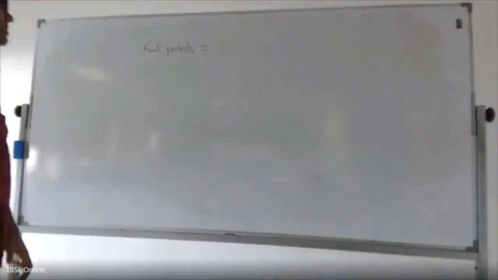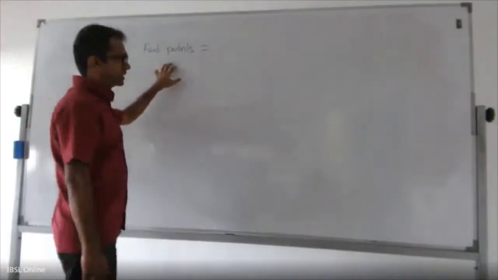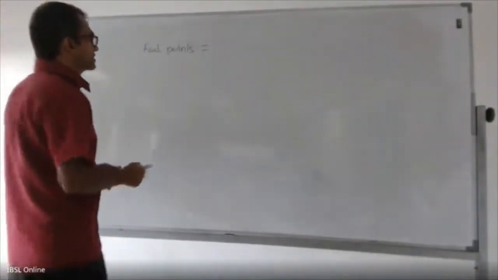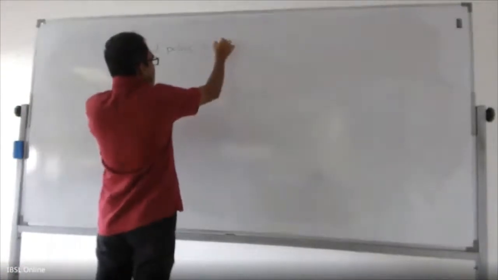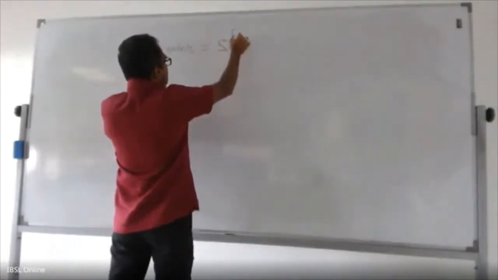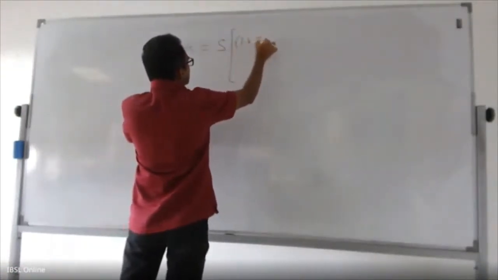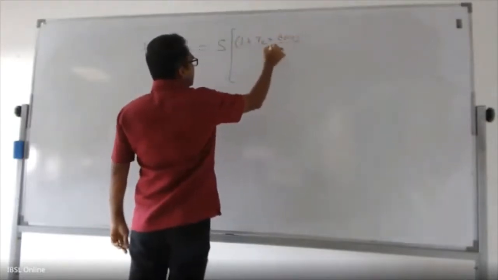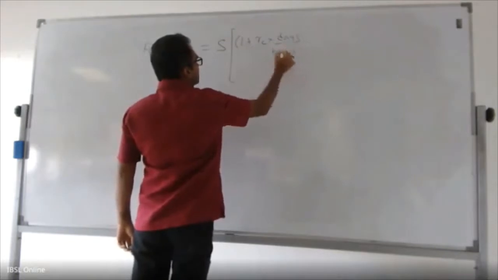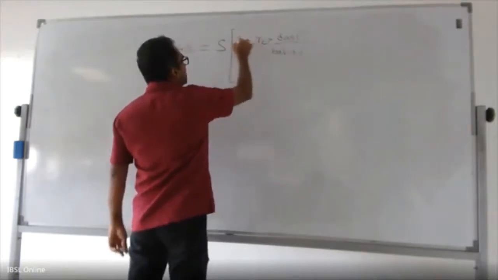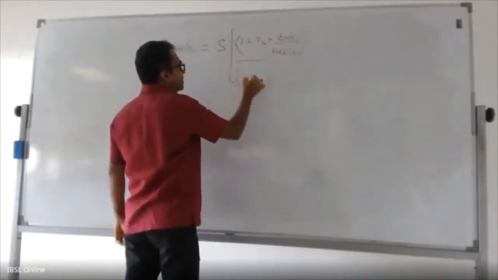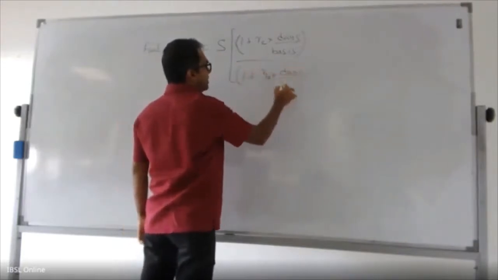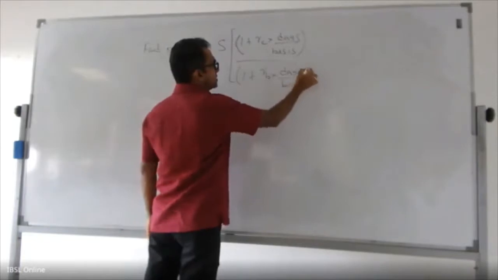Okay, what's the equation for the forward points? We can calculate forward points straight away. It's the same thing: 1 plus RC times number of days divided by the basis, divided by 1 plus RB times number of days divided by the basis.